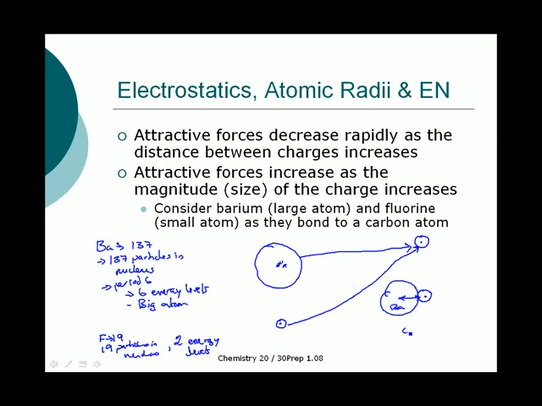When we look at fluorine, fluorine's very small, even compared to carbon it's small, and so the distance between its nucleus and valence electrons is much smaller. So therefore it's going to have a much higher electronegativity. Because of its small size, its positive nucleus can get much closer to the valence electrons of another atom.